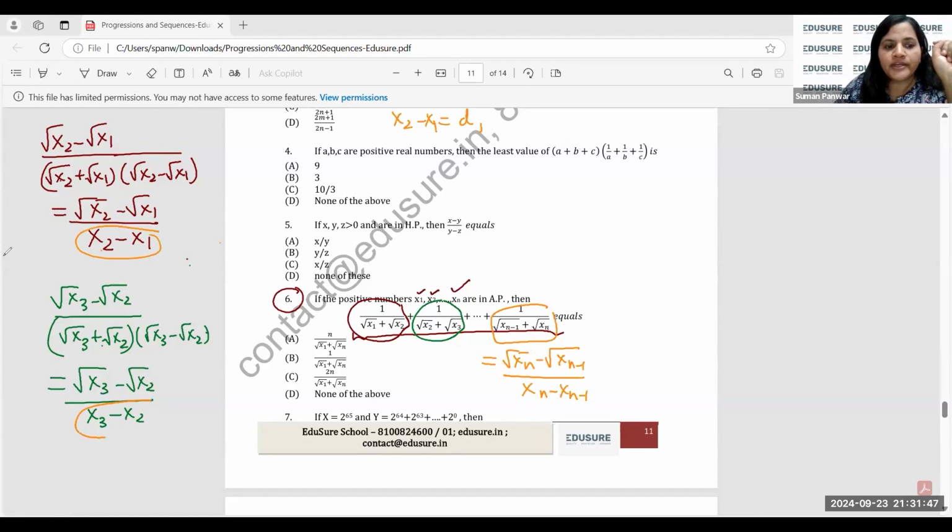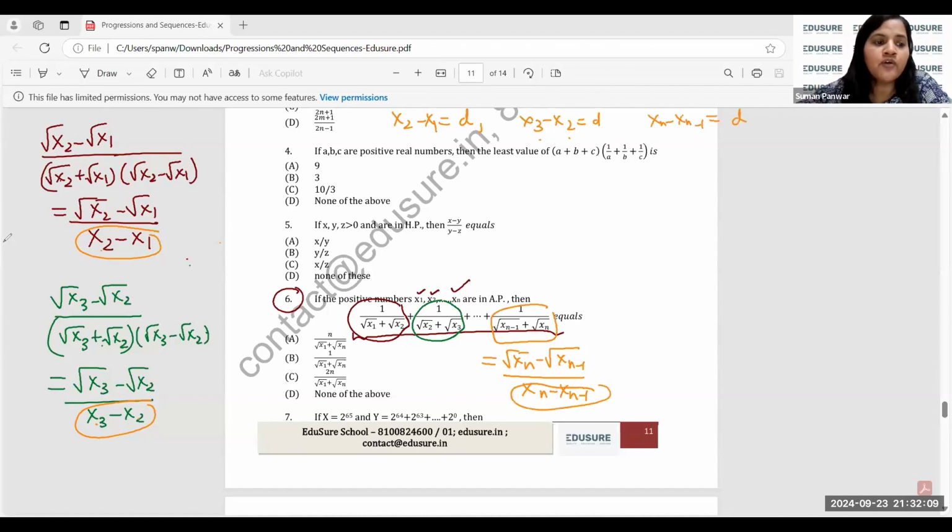Look at this denominator, x3 minus x2. This should also be equal to d, third term minus second term. Why? Because what is an arithmetic progression? There is a constant difference between consecutive terms, current term minus the previous term. So again, the last one, xn minus xn minus 1, equals d.